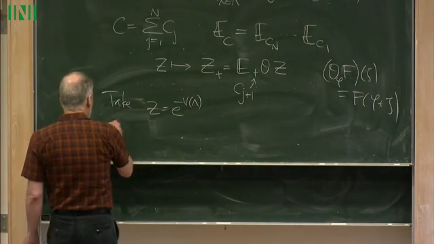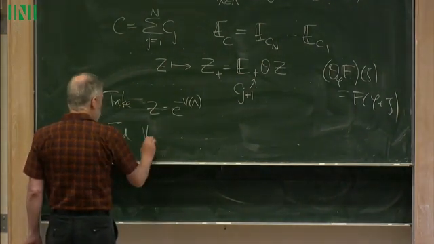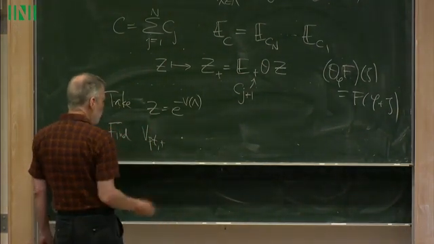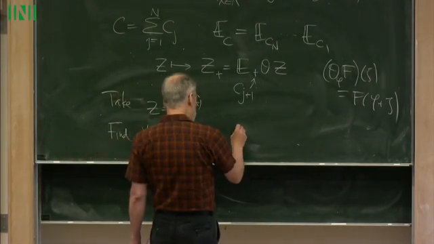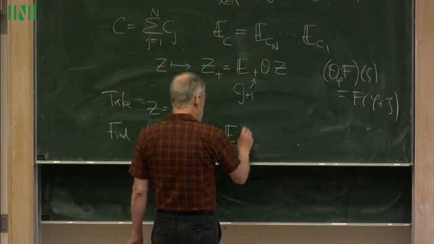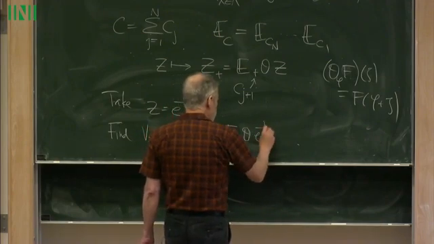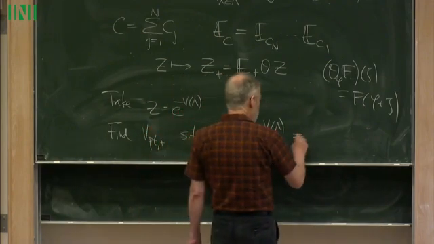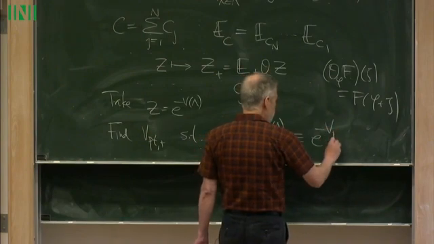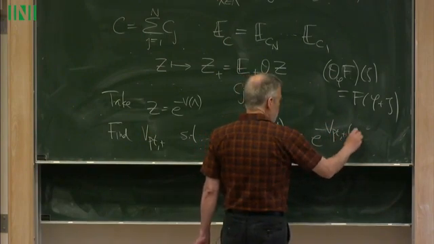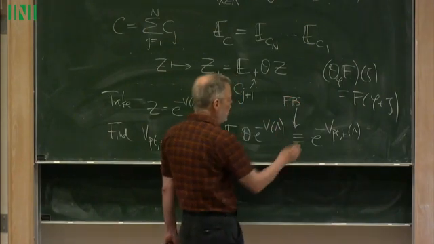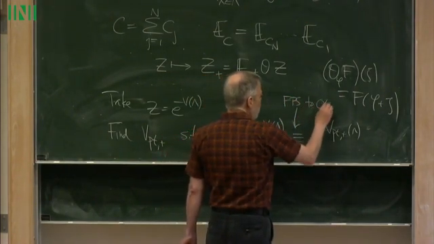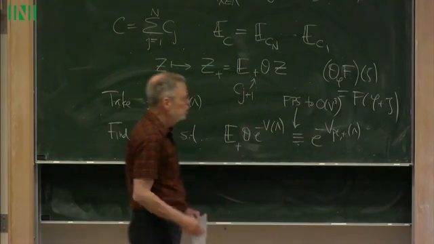So then you want to find vpt, which I'll call v pt plus, such that the expectation of e to the minus v of lambda is equal to e to the minus vpt plus of lambda. This is equivalent as formal power series to an error of order v cubed.